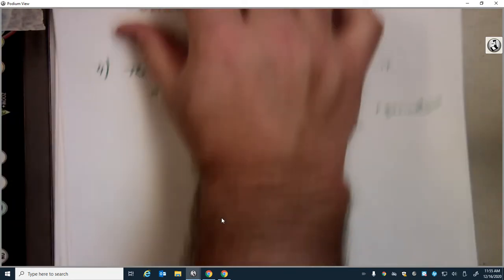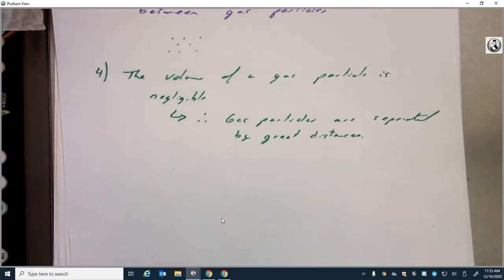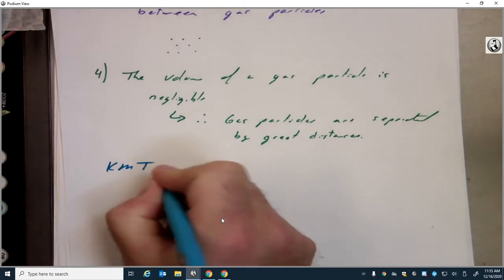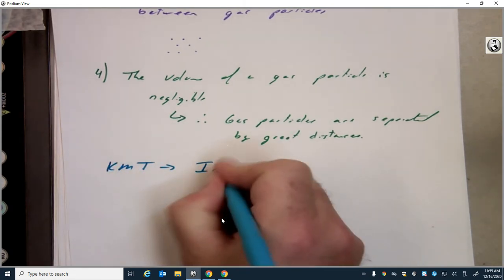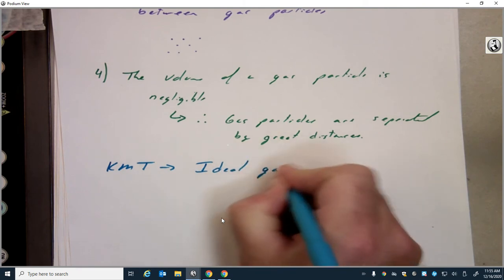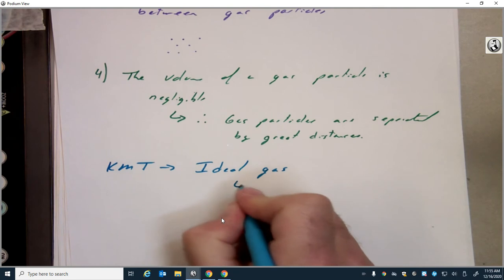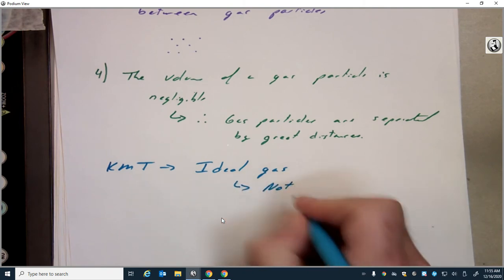Now, the KMT uses what's called an ideal gas. Ideal gases, they're not real. We made it up for the model.